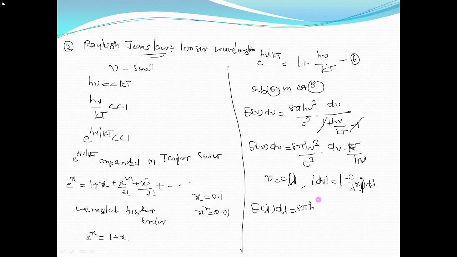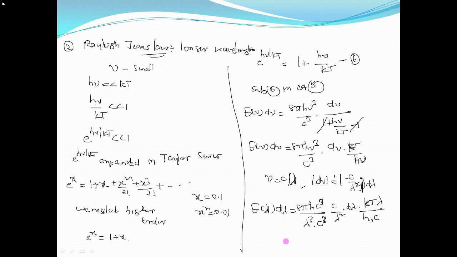In place of nu cube, you substitute c cube by lambda cube into c cube into d nu. d nu is c by lambda square into d lambda, into kT divided by h c by lambda.